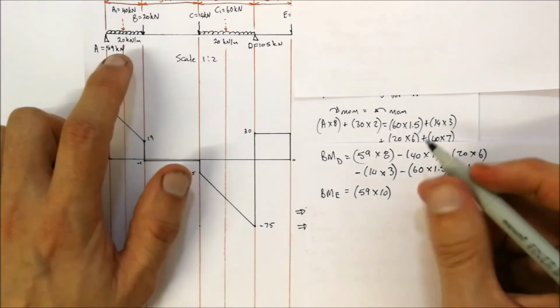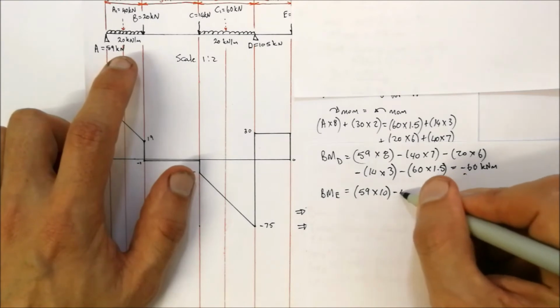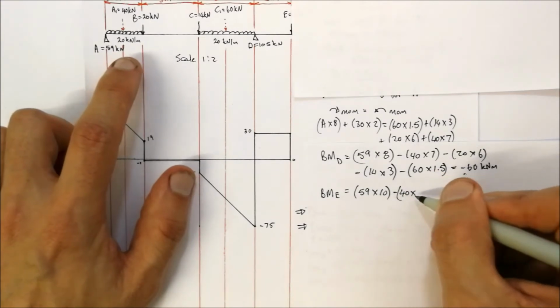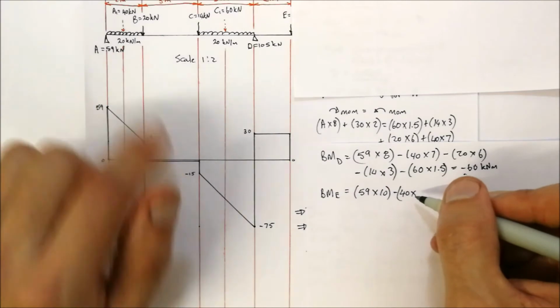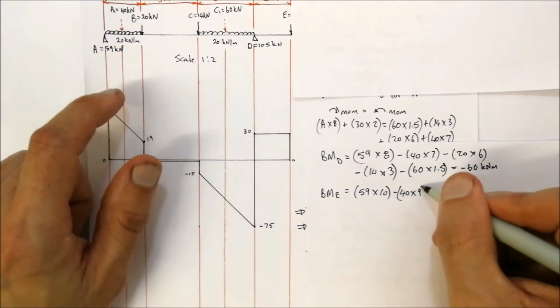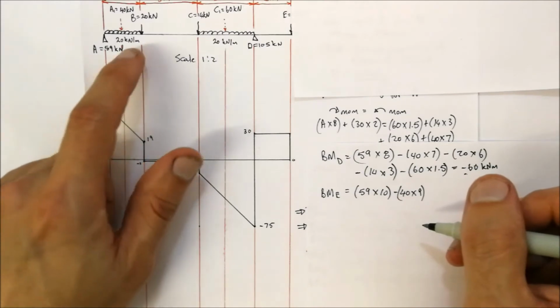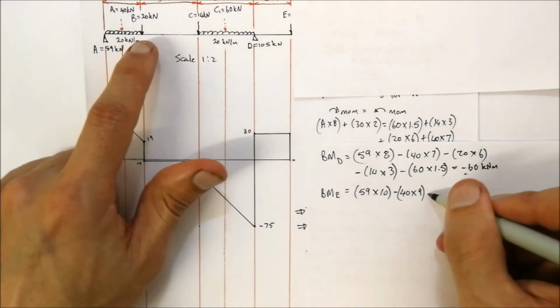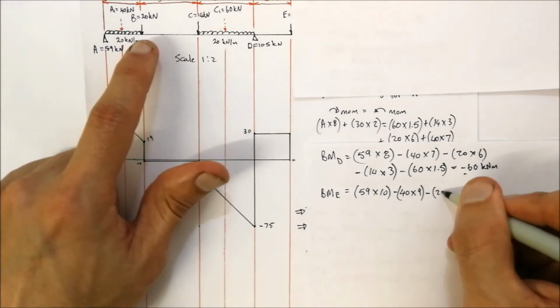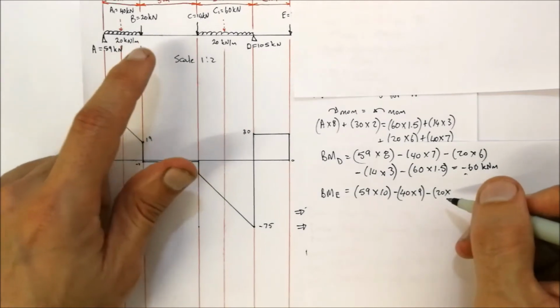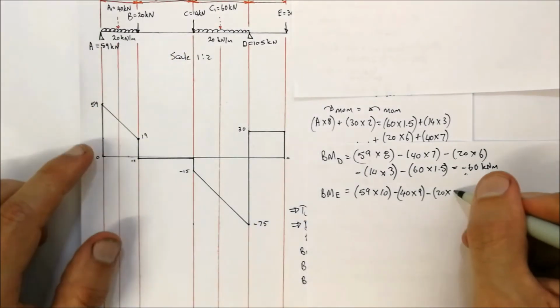Then we've got A1, so it's minus 40 multiplied by the distance from E to A1, which is 9 meters. Then the next one is B, which is 20 kilonewtons, so it's minus 20 multiplied by a distance of 3 plus 3 plus 2, which is 8 meters.